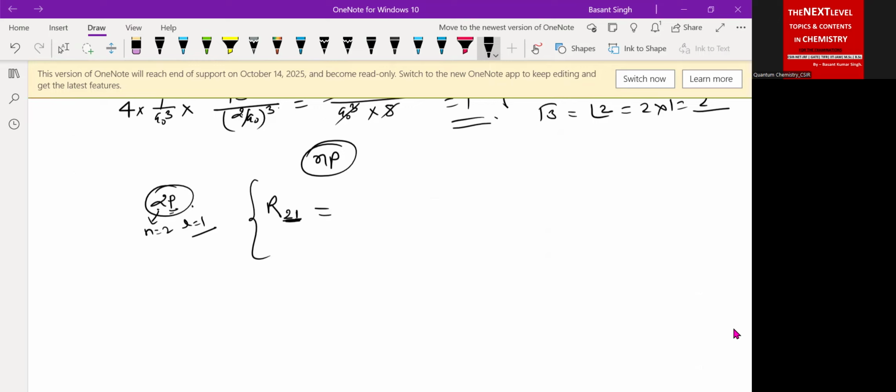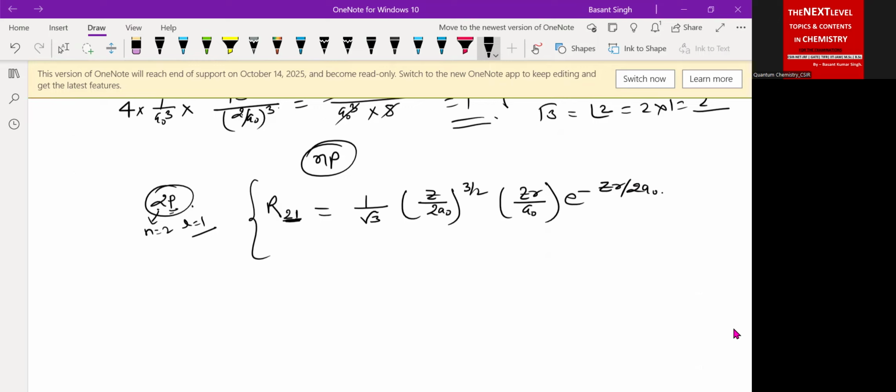R2p is equal to 1 by root 3 (Z by 2a naught)^(3/2) (Zr by a naught) e to the power minus Zr by 2a naught.